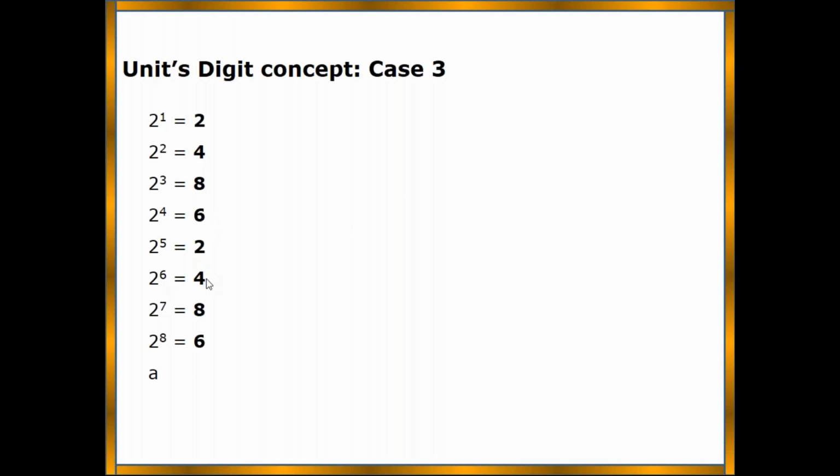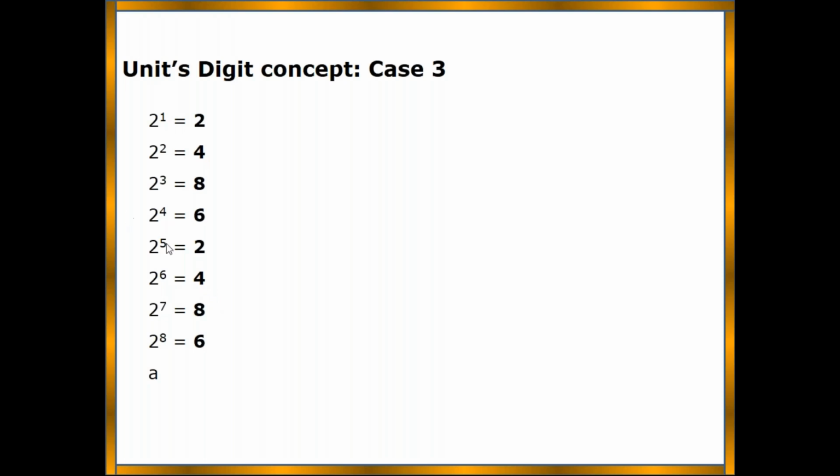2 power 6 is 64. If we don't know the value of 2 power 6 directly, yesterday I already told you, 2 power 5 can be written as 2 power 4 into 2. Similarly, 2 power 6 can be written as 2 power 5 into 2. 2 power 5 is ending with 2, so 2 into 2 is 4. 4 is not the value of 2 power 6, but 2 power 6 is ending with 4.